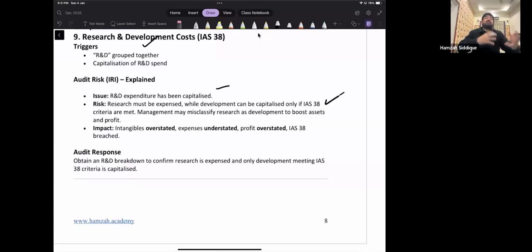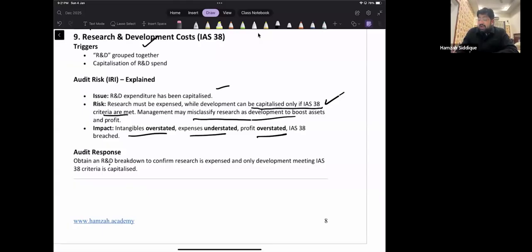Of course, you will be utilizing the scenario information, the specific amounts, specific details to update this answer. This is a generic discussion. Research cost must be expensed, while development can be capitalized. Management may misclassify. So intangible assets may be overstated, expenses understated, profits overstated.